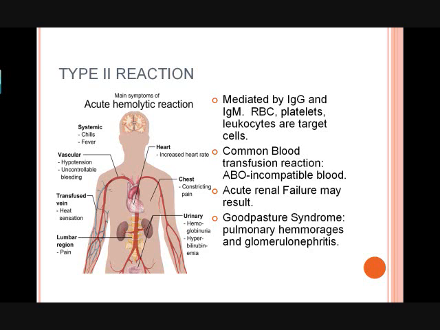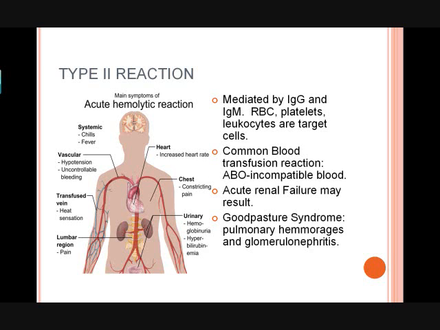Acute renal failure may result because of this, and that's because of the hemoglobin in the urine. This is a common blood transfusion reaction, and it's because of ABO incompatibility. It's mediated by IgG and IgM. Red blood cells, platelets, and leukocytes are the target cells that are affected.